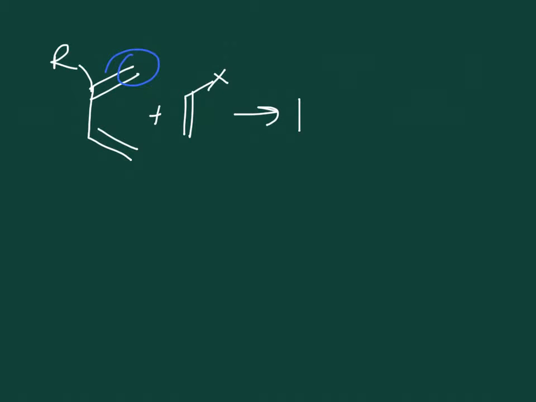So let's just explore the other case, and then I'll explain why. Again, we have a diene, and instead of having a substituent here, as we did in the last case, which is now over one carbon, we have our dienophile again. Now we can either get the meta product.